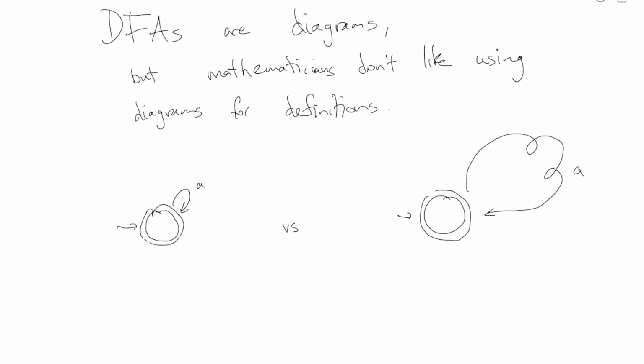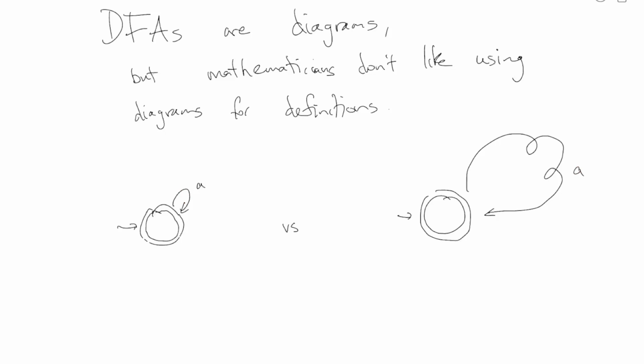I made the arrow extra curly. Your friend at lunch might ask you, is that the same DFA? And you say, yes, he was just being silly with the curly arrow. Okay, but that's not the same diagram, right? Those are two different diagrams, the curly arrow versus this one over here.